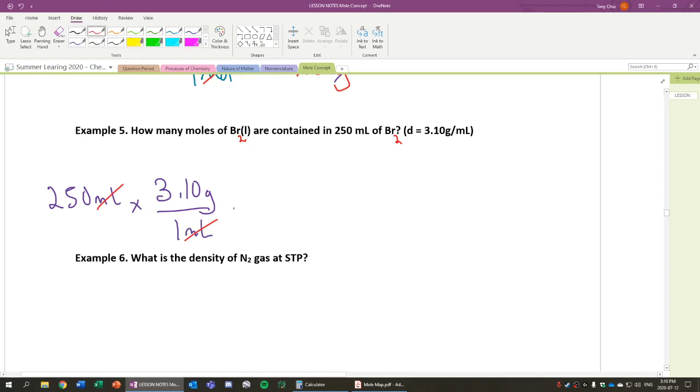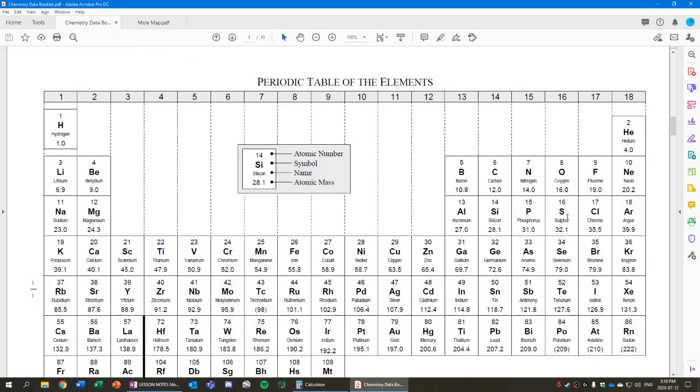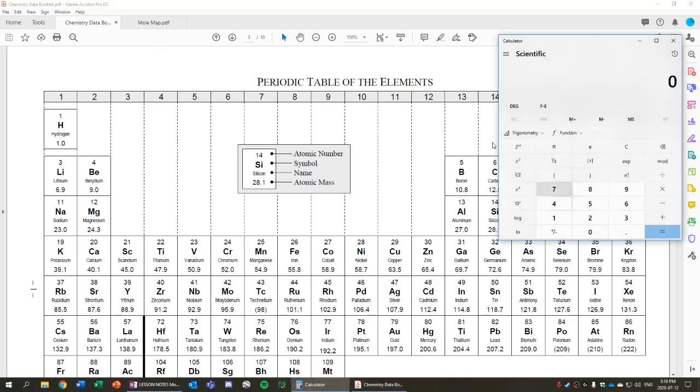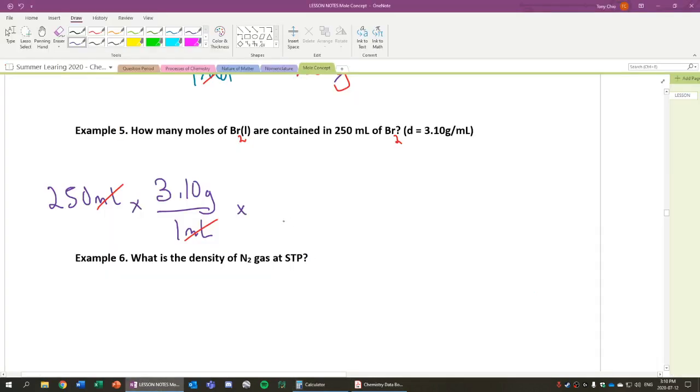And from here, we now can multiply by the molar mass of bromine to get to moles. The molar mass of bromine is, well, one bromine is 79.9. 2 bromines is going to be 159.8. So 159.8 grams is in 1 mole of bromine.